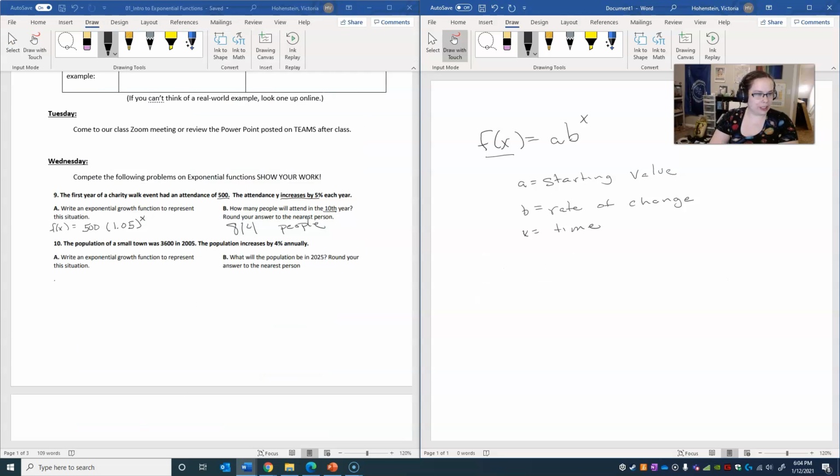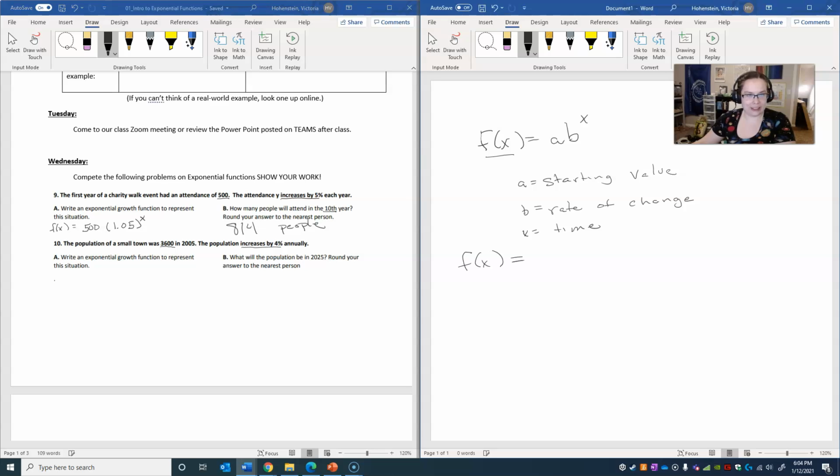All right, let's also work number 10. The population of a small town was 3,600 in 2005. The population increases by 4% annually. Part A says write the exponential function that represents the situation. So we're going to find the variables in the problem and plug them into our equation.